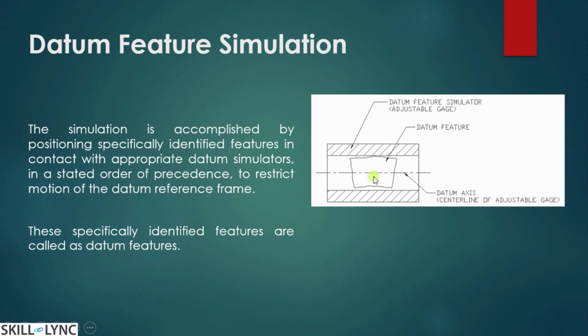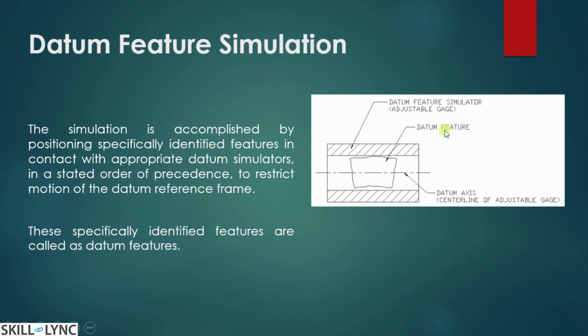For this datum feature and the datum feature simulator, you have a common datum axis by which they are aligned together, so that the final objective is measured. Suppose we are measuring the maximum allowance or the maximum clearance for this object, then this is how the datum feature simulator is used.